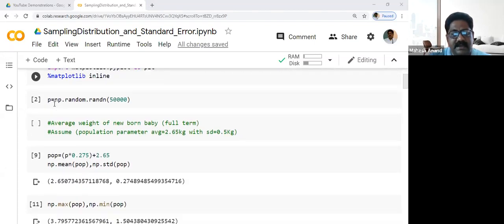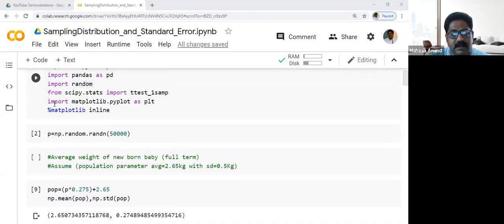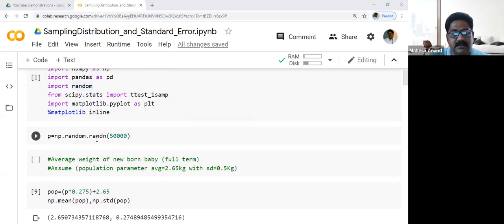To simulate the samples, I make use of the NumPy package randn function. As you are aware, the randn function will generate normally distributed samples, but in reality your population need not strictly follow a normal distribution. It can follow any distribution.